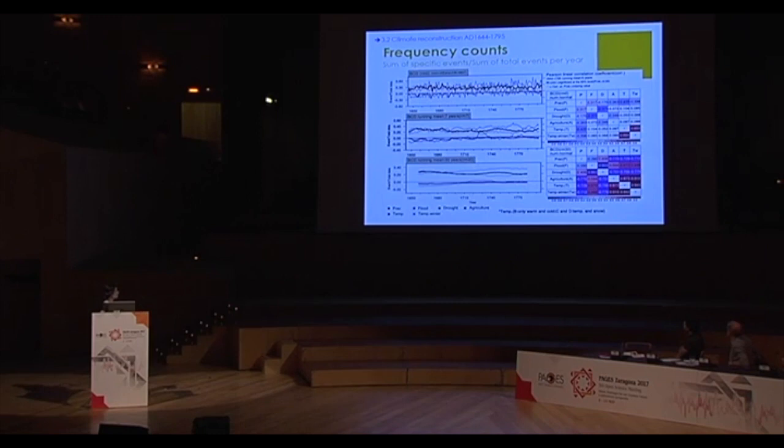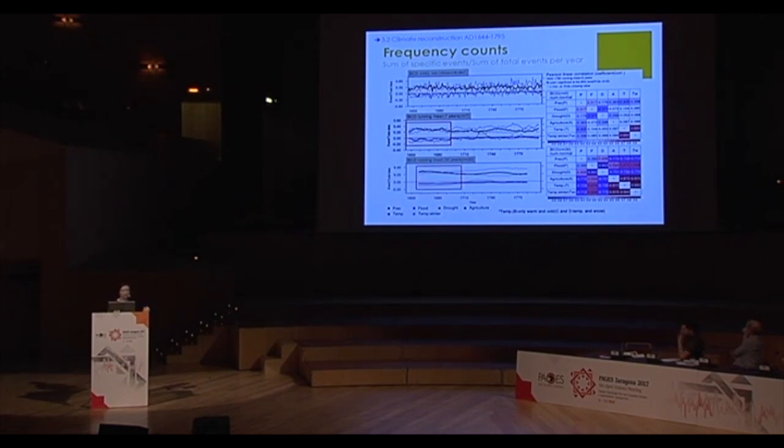For the data analysis, we did frequency counts, and not only frequency counts, because we put in a denominator to understand the weight and the significance of the events in that certain year. So we use the indexes of precipitation, flood, drought, and agriculture, and you can see the time series of these different indexes.